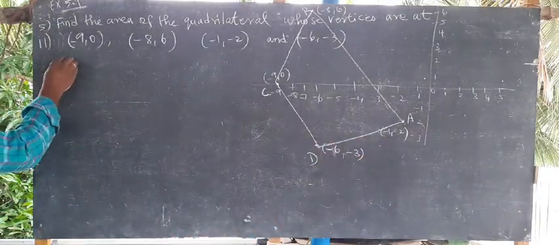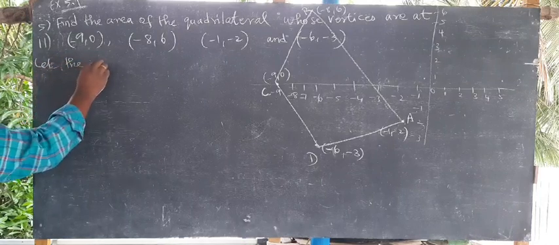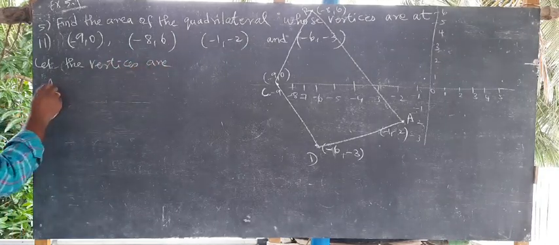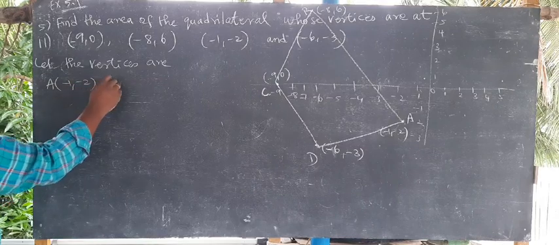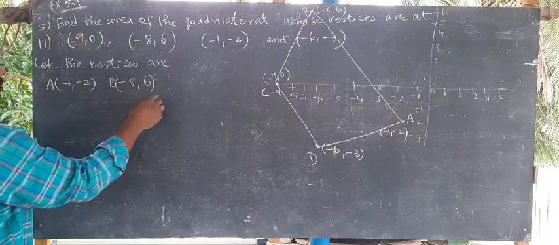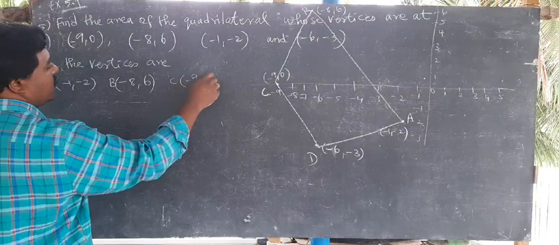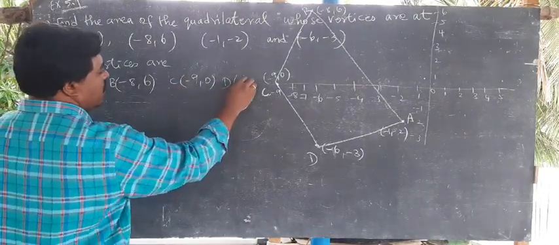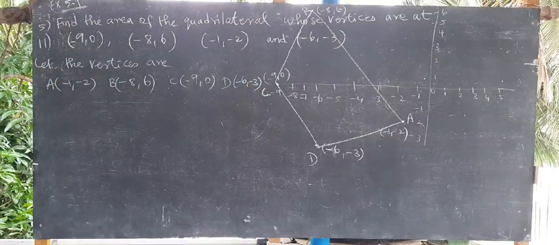So let the vertices are A of minus 1 comma minus 2, B minus 8 comma 6, C minus 9 comma 0, D minus 6 comma minus 3. Like that we have to draw the graph.